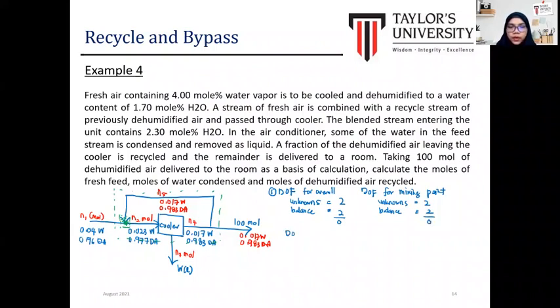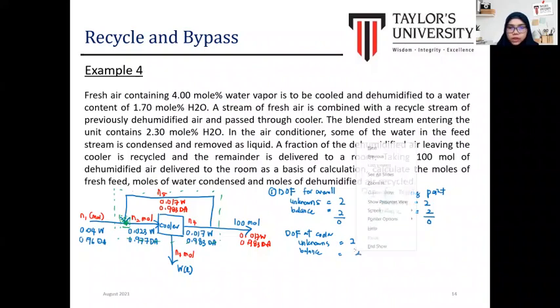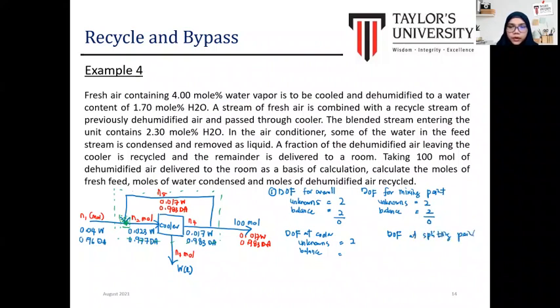And then DOF at the cooler. So unknowns, how many do we have? 1, 2, 3, but we can determine it as 2 because one entry we can obtain. Balances, we have 2 as well. Okay. And then DOF at the splitting point.